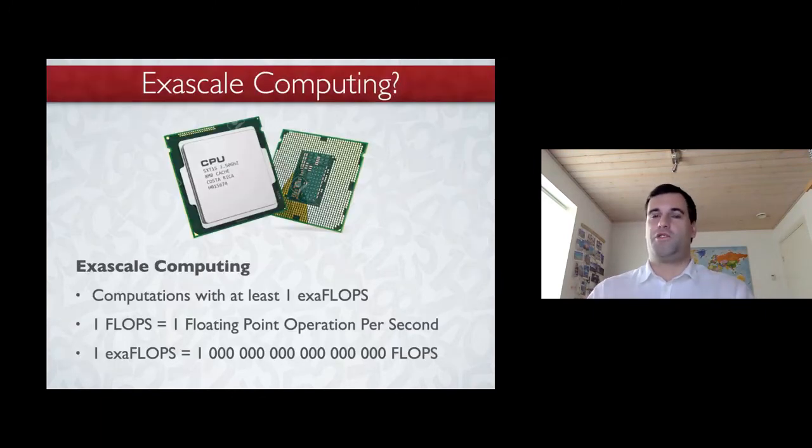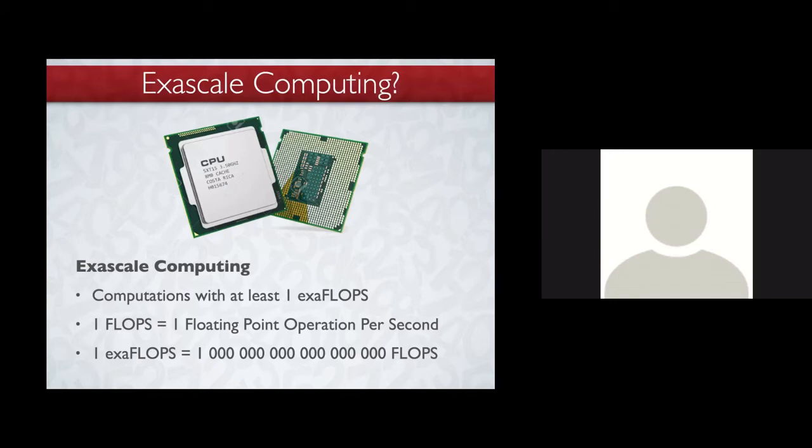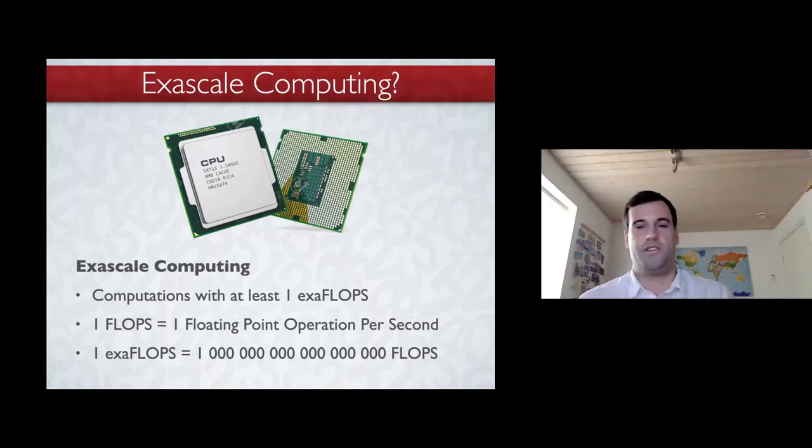So first of all, I'll give you an idea what exascale computation is. If you look at the definition, this is a computer that can compute with at least one exaflop. So it has at least a computing power, which we measure in floating point operations, so flops.